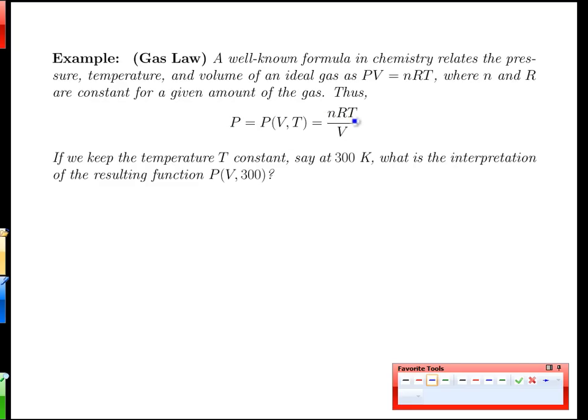PV equals nRT is one formulation, or we can isolate the pressure and say that the pressure of this gas will be dictated by the number of moles, the ideal gas constant, temperature, and the volume. If we're thinking of it in this direction, we would be imagining that volume and temperature are the variables that we're controlling, and pressure is the output.